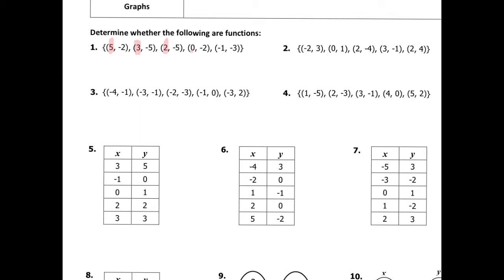Remember, we have to examine, does each of these x values, each of these pink values, only give us one output or y value?